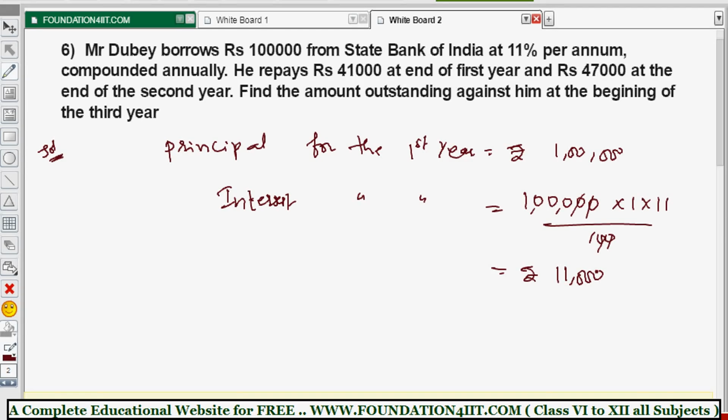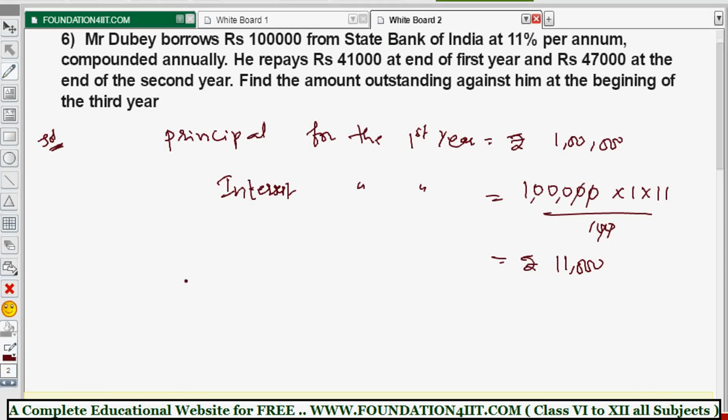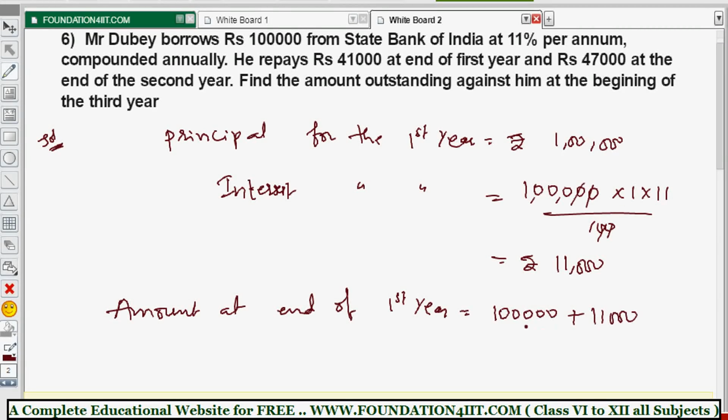Now amount at the end of the first year is, therefore amount at end of first year is the principal plus interest. So 1 lakh plus 11,000. That means 1 lakh 11,000.